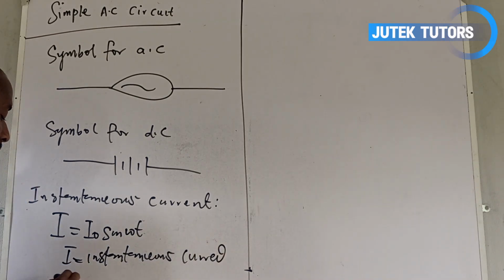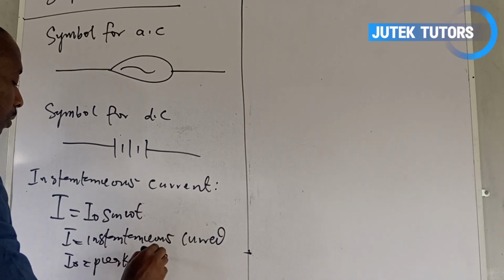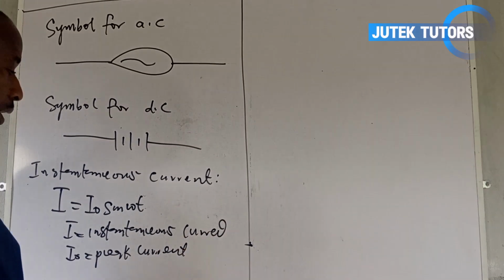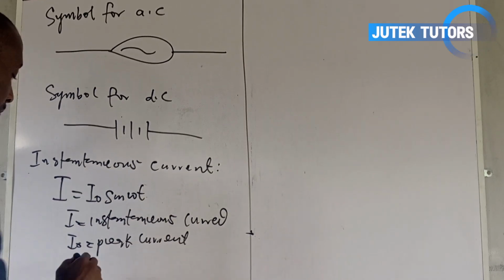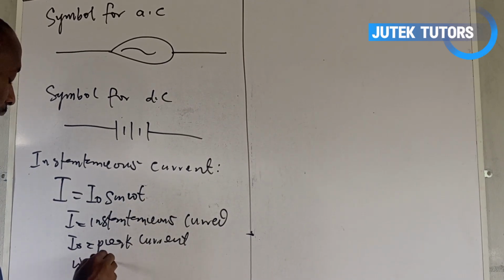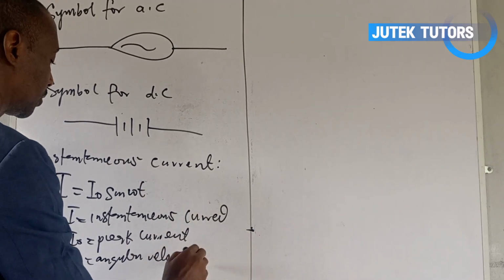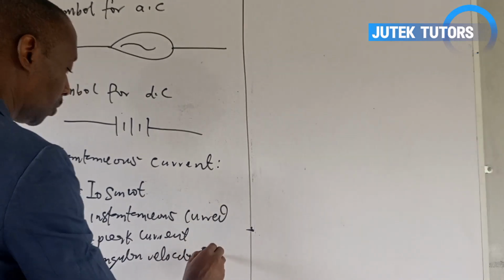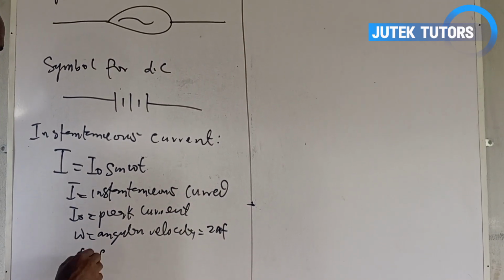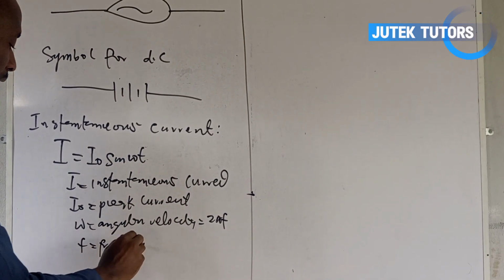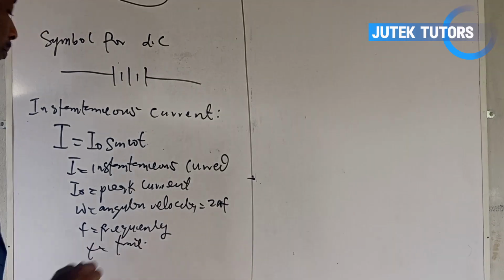I naught here represents the peak current. Then omega, which is the angular velocity, is equal to 2 pi f. Then f represents the frequency, and t here is the time.